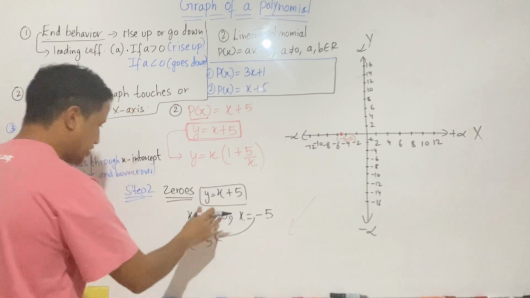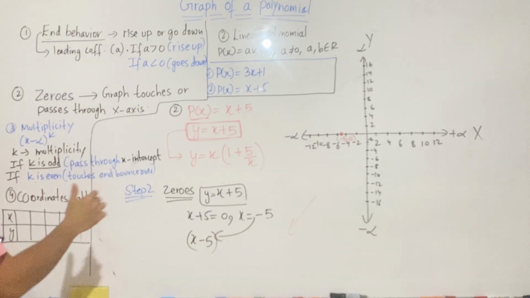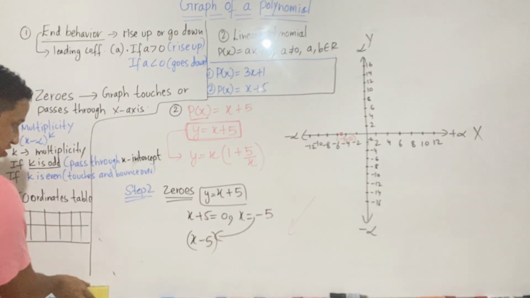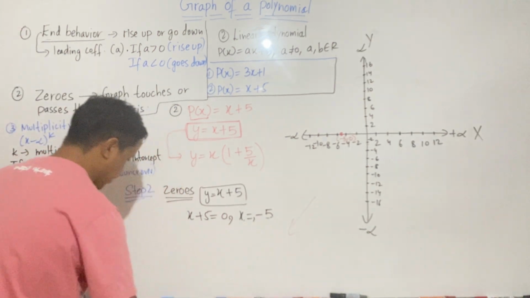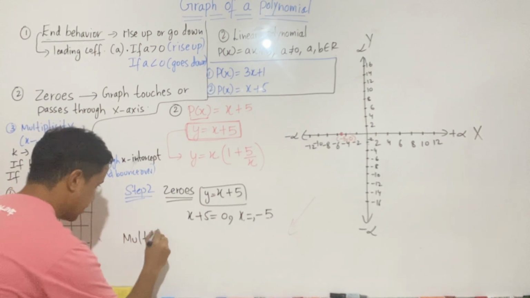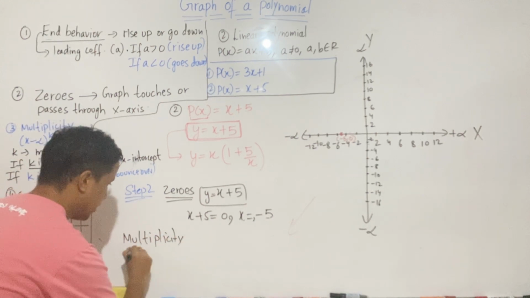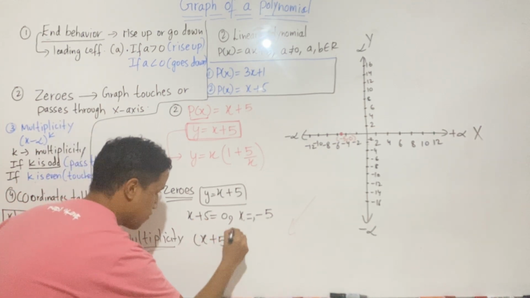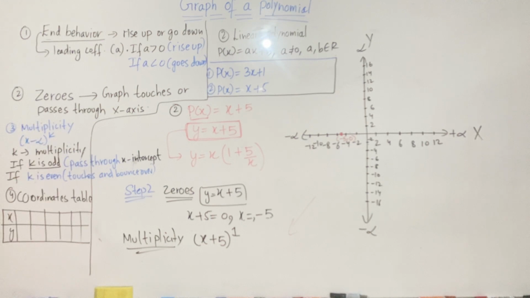Because in step number 2 the zero was minus 5, when I write it in the factor form, it becomes (x plus 5) raised to the exponent 1, right?